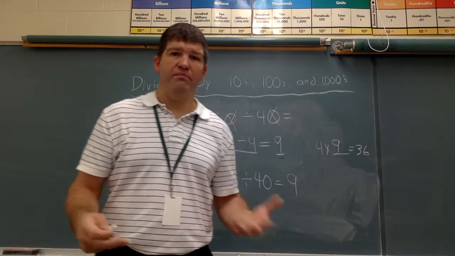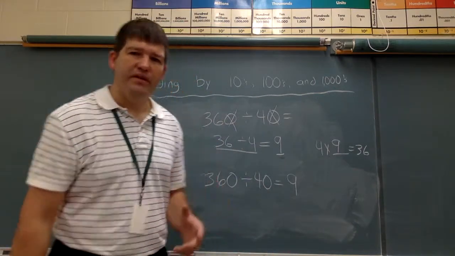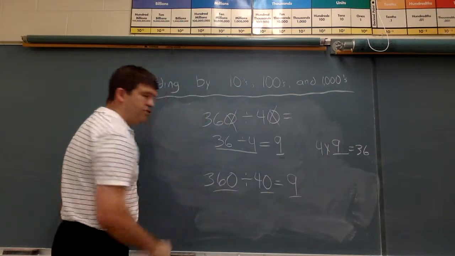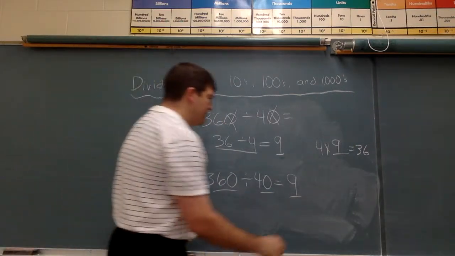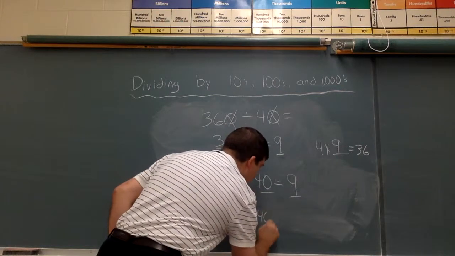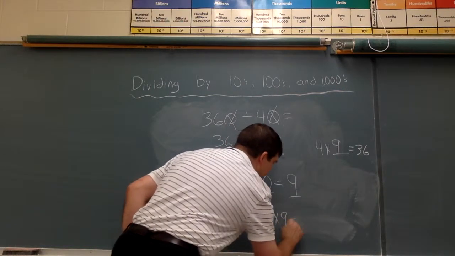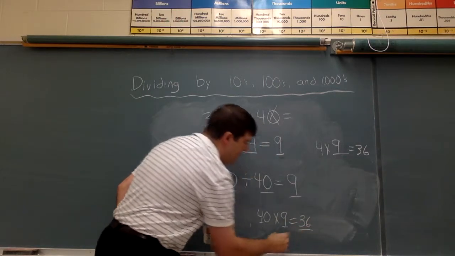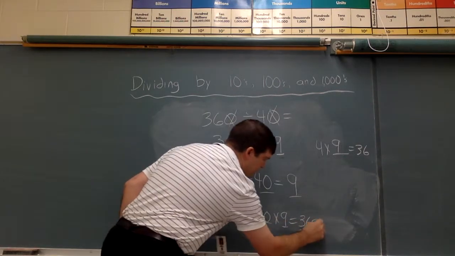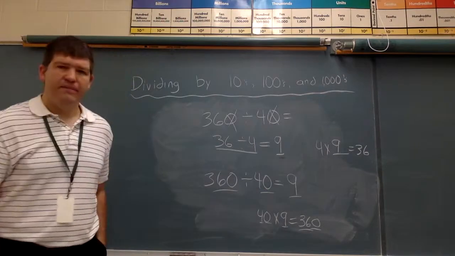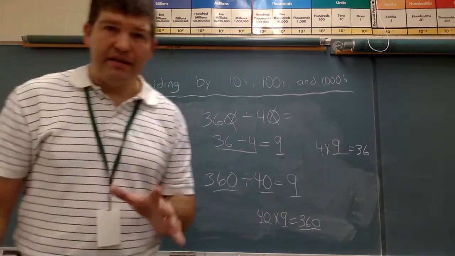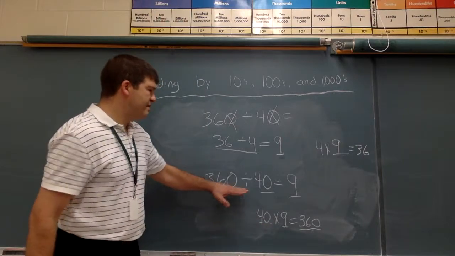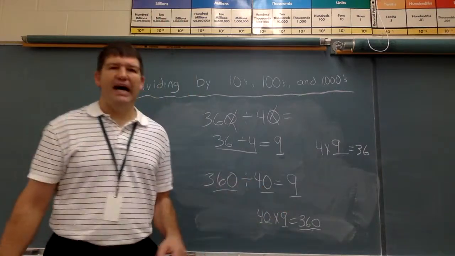If I'm wrong, I'm going to get the wrong answer and then I'll have to redo it. So I'm going to take this times this, and it should give me this. So let's try it. 40 times 9. I know that 4 times 9 is 36, and I have 1 zero, and I get 360. I did it right. I got the correct answer, and I double-checked it by doing this. So 360 divided by 40 is 9.